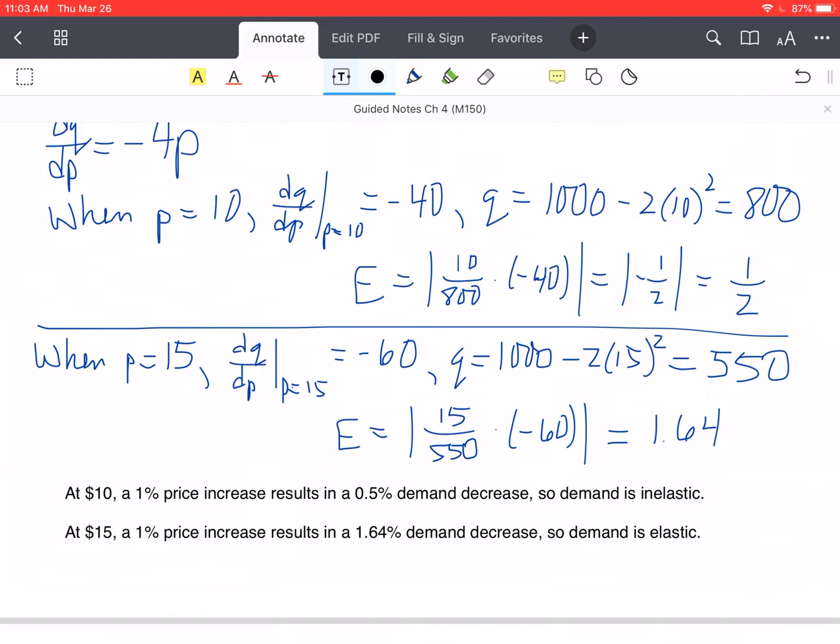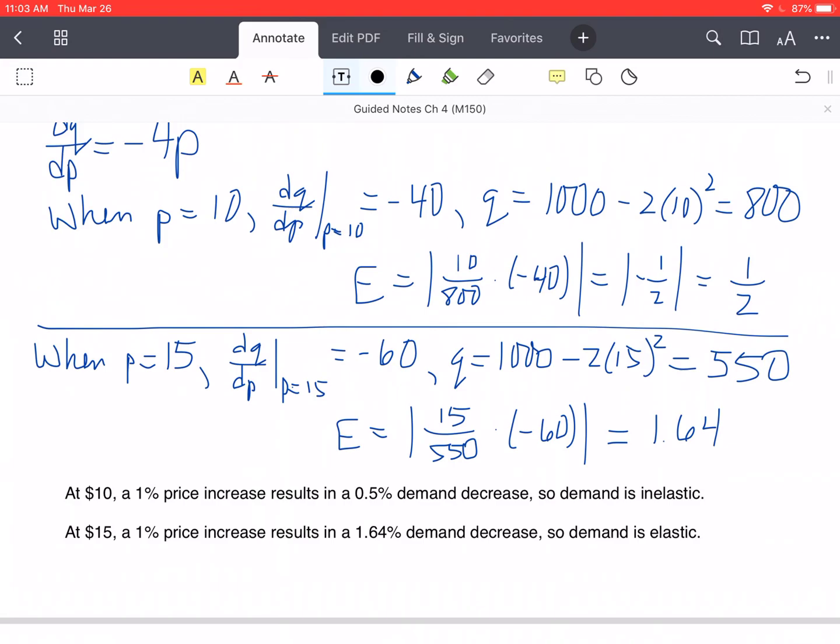Well, if you think about it, if I'm charging $10 for a product, and then I decide to raise my prices by 1%, maybe my customers are a little more inclined to continue buying it because it was just 1% off of $10. But if I'm already charging $15 for the product, maybe I'm pushing them a little bit beyond what they're comfortable with already, and then I go and raise the price 1%, a lot more of them are going to stop buying my product.